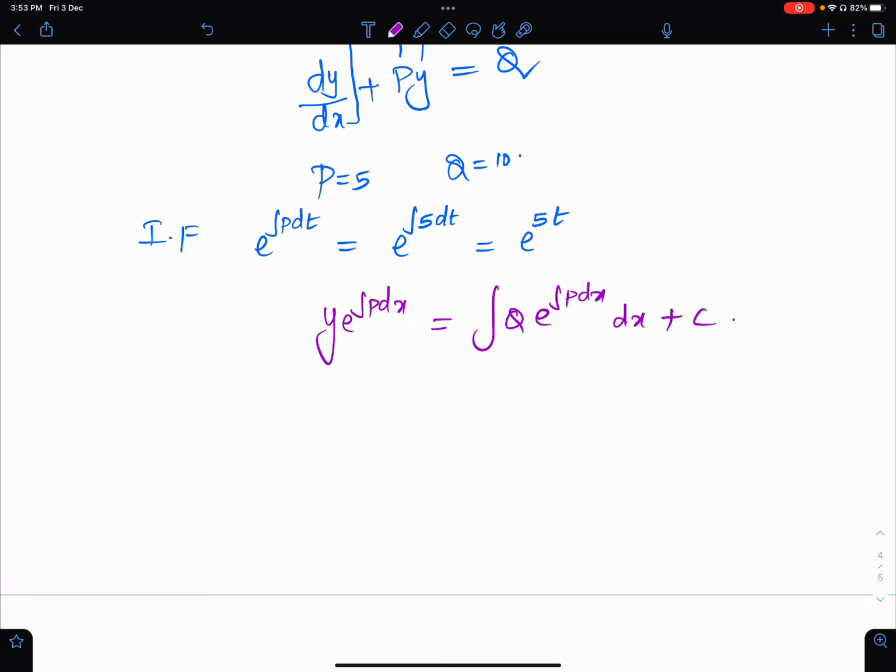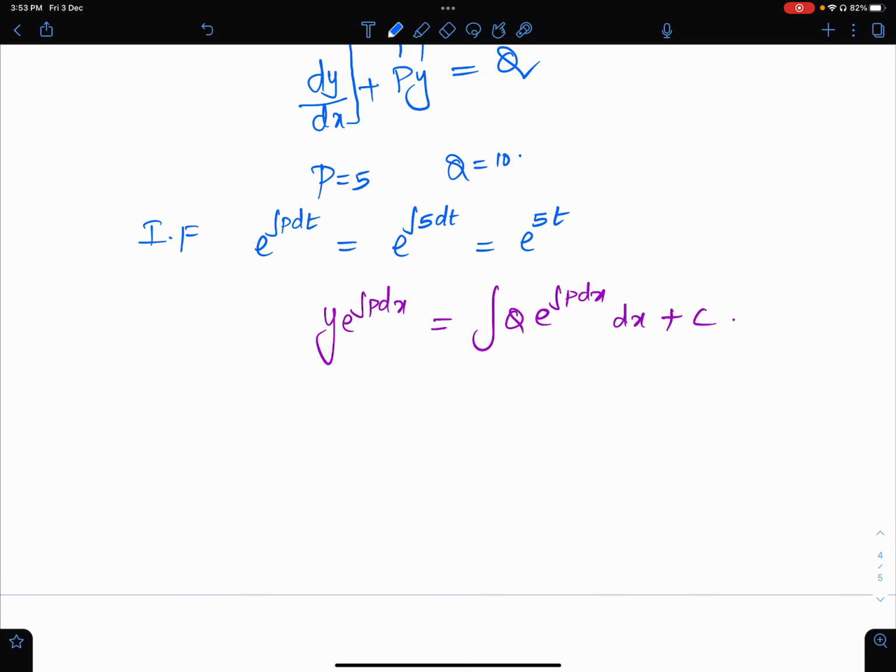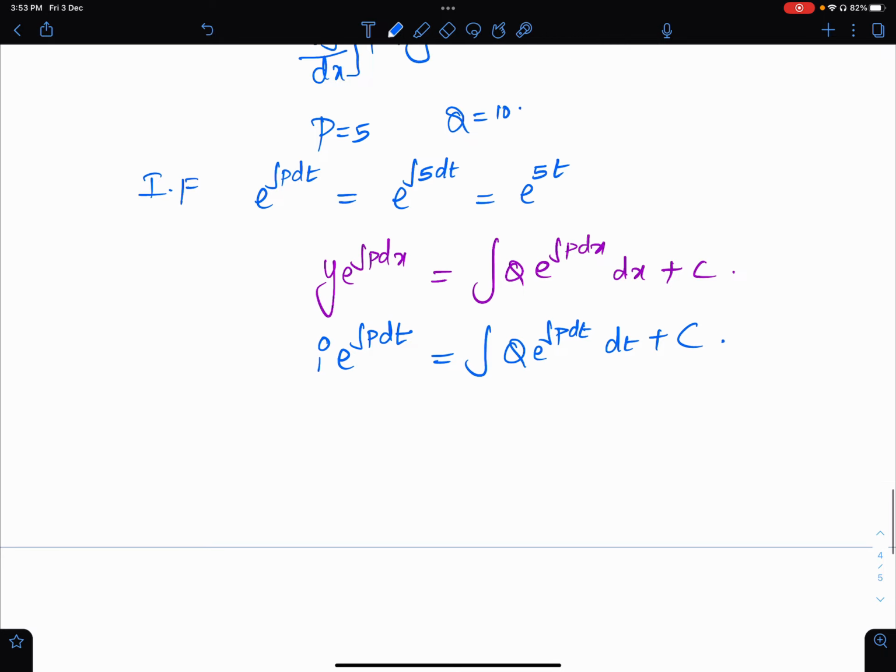But in our scenario, in the place of y we have I, so I e power integral p dt equal to integral of q e power integral p dt dt, plus c. This is the general solution for our case.